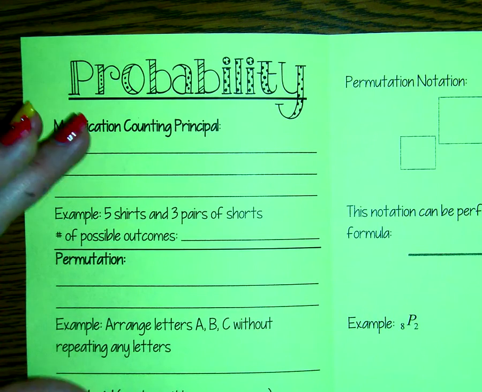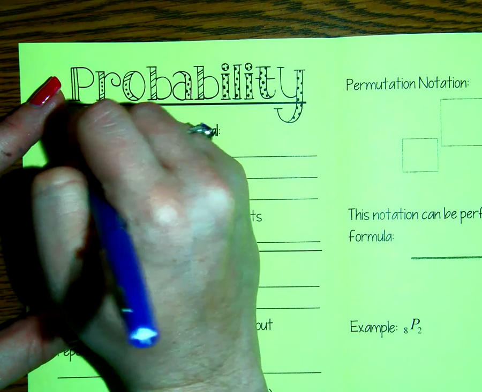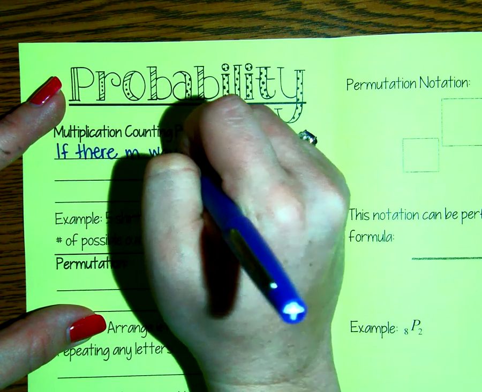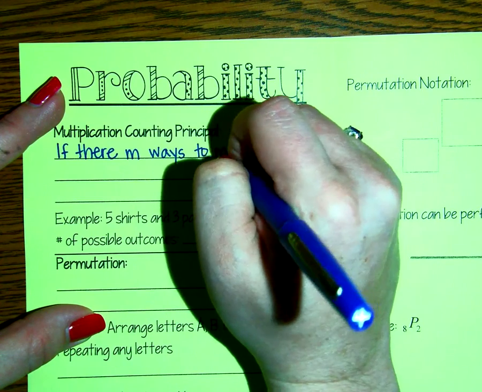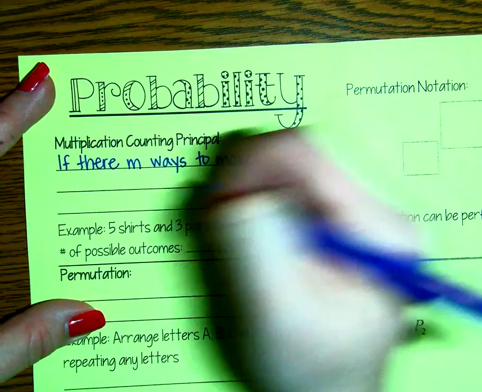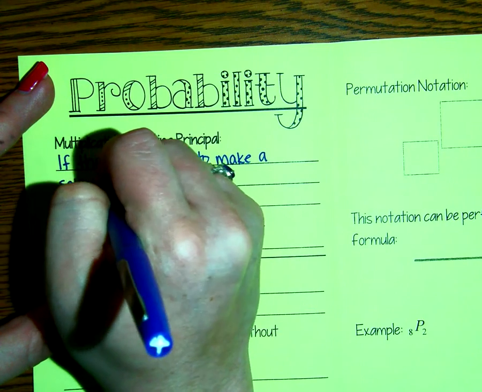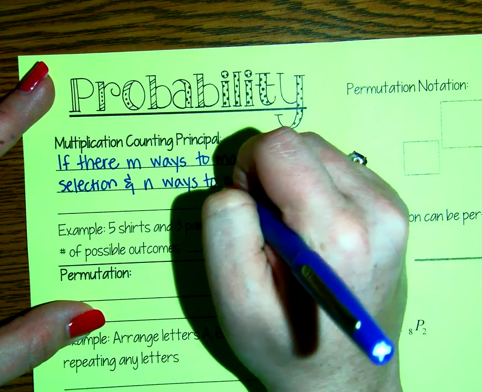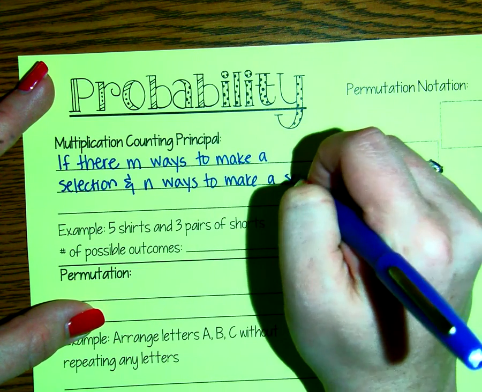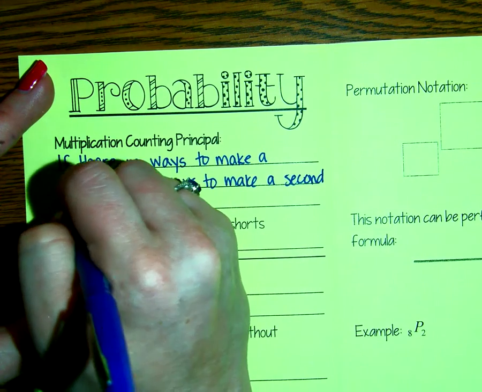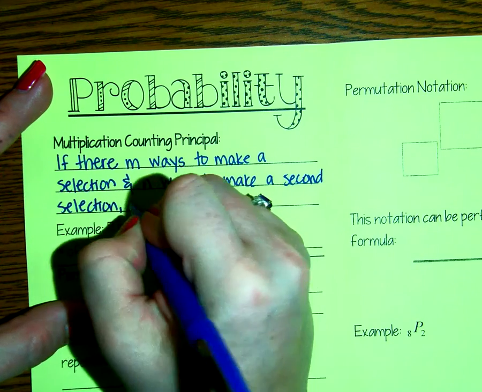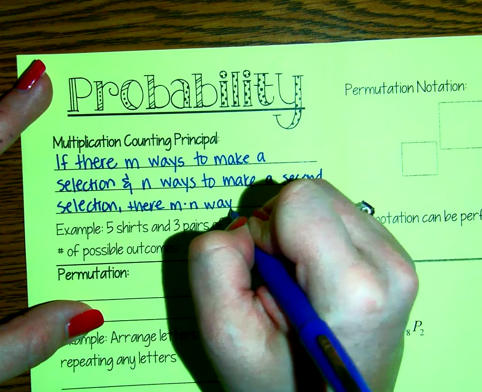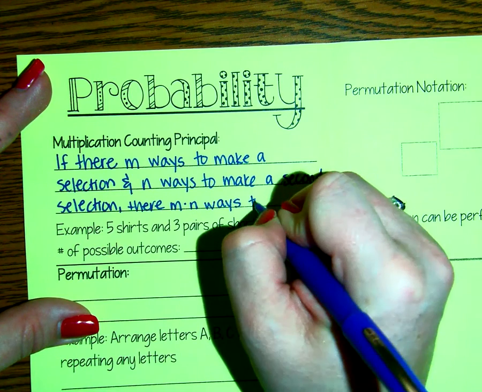The multiplication counting principle states: if there are m amount of ways to make a selection, and n ways to make a second selection, there are m times n ways to make the selections.